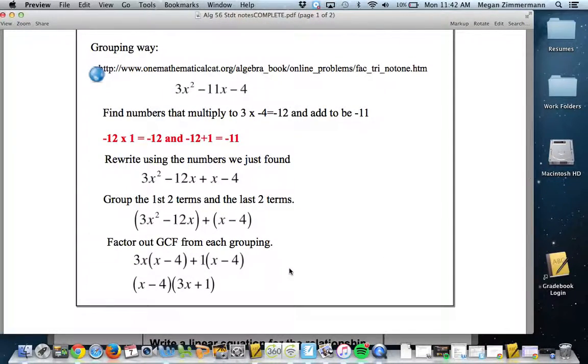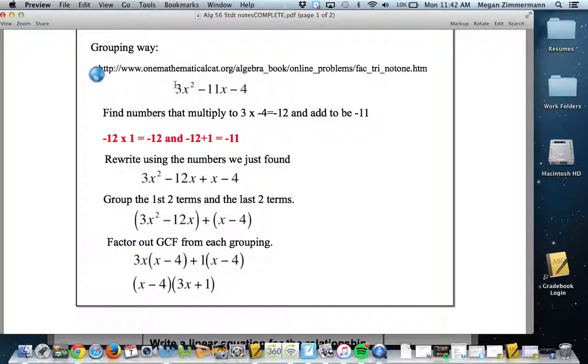All right, we can also factor by grouping, and that's like your reverse distributive property that we did in the last section of notes. So if you liked that way, then you can pay attention to this. Otherwise, you can just skip along to the practice examples.